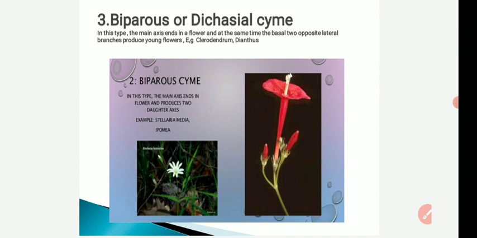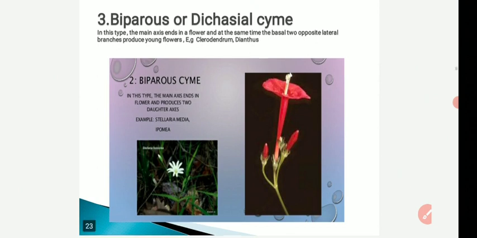This red flower shows that the first flower grows at the apex or at the terminal end of the peduncle, and from the base of the pedicel of the first flower two young flowers develop, and such an arrangement is called a dichasial type of cyme inflorescence, which is generally found in the dianthus plant.